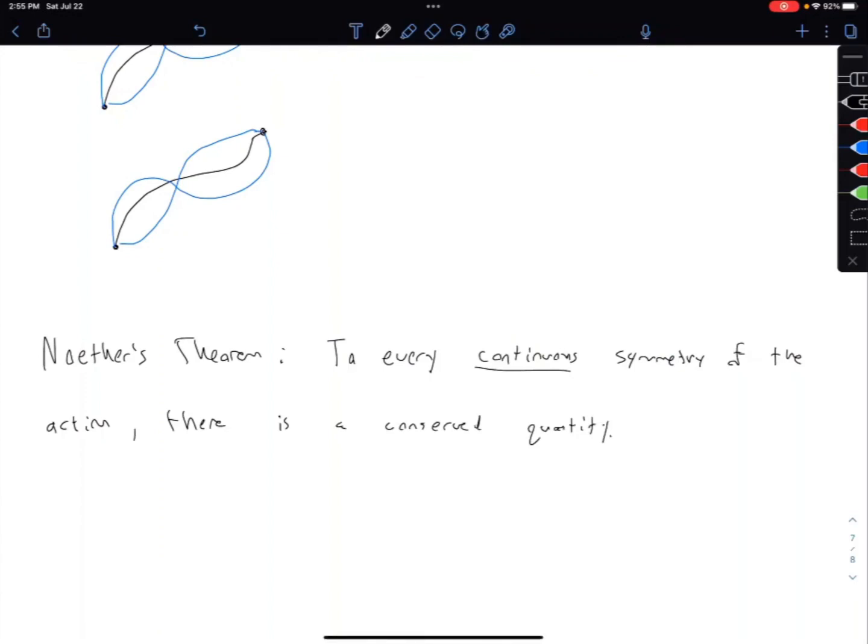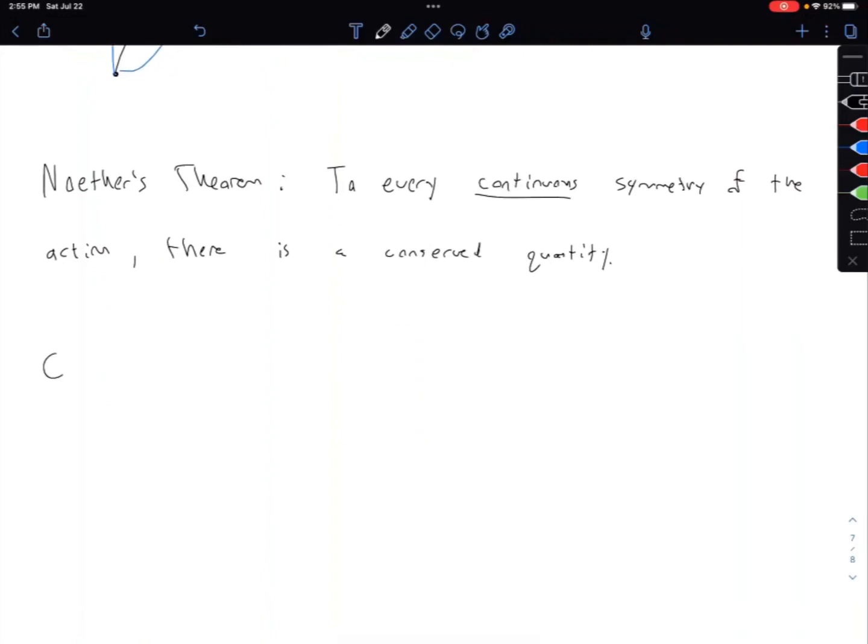I think the best way to understand what this means is to just work through it slowly and just see examples. So first I should tell you what I mean by continuous transformation.